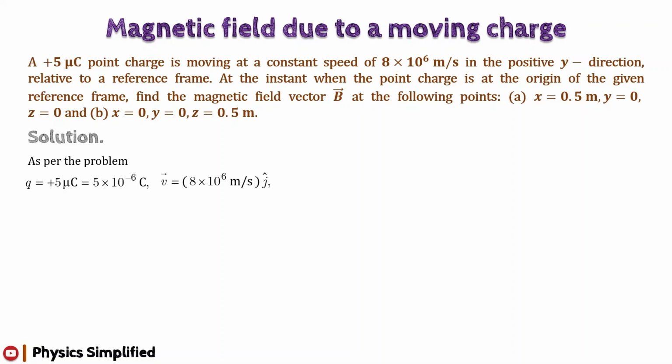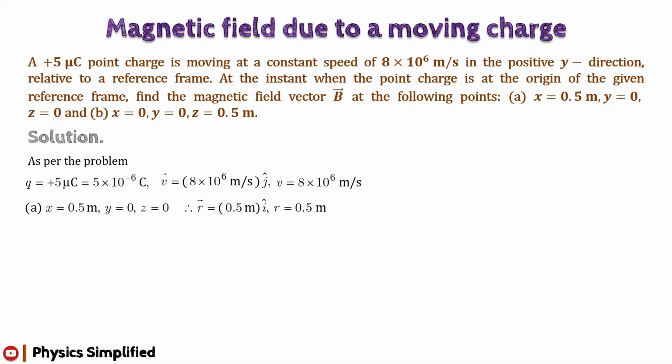So v, the magnitude of the velocity, equals 8 × 10^6 meters per second. For part A of the problem, the coordinates of the field point are x equals 0.5 meter, y and z equal to 0.